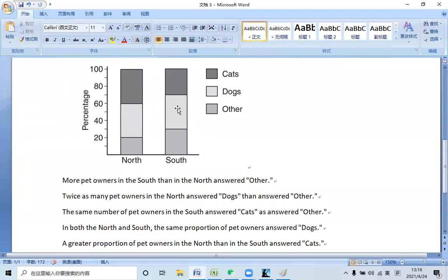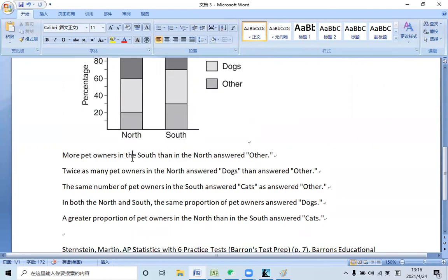We don't know overall how many people come from the south in the sample. We don't know how many people come from the north. Yeah, this is tricky. We don't know the numerical value. So this one is not good.